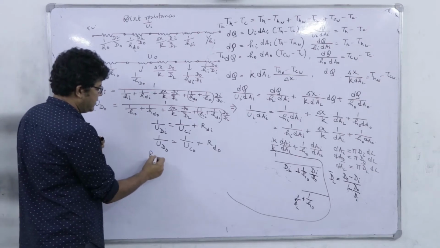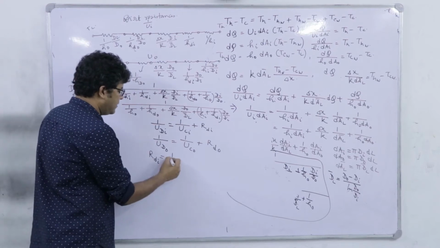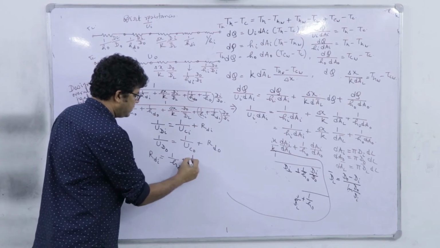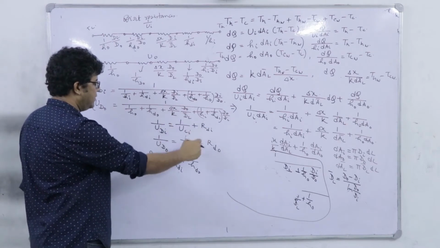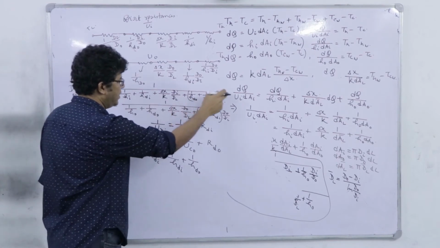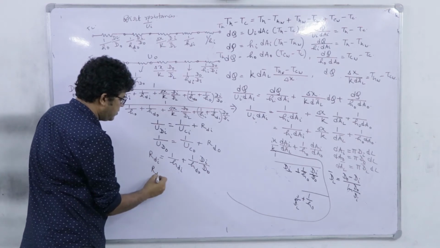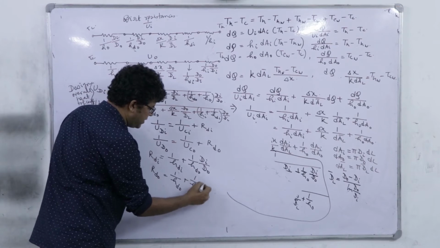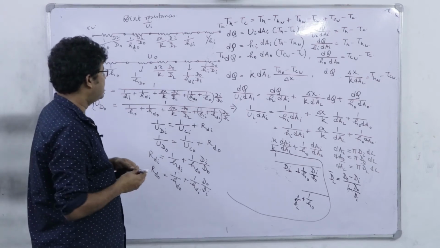So RDI, the overall dirt resistance based on inside surface, is 1 by HDI plus 1 by HDO into DI by DO, and RDO will be 1 by HDO plus 1 by HDI into DO by DI. So they are all basically interchangeable, right.